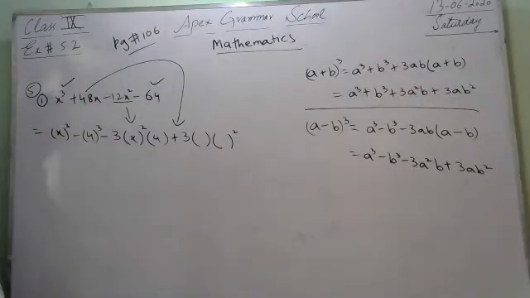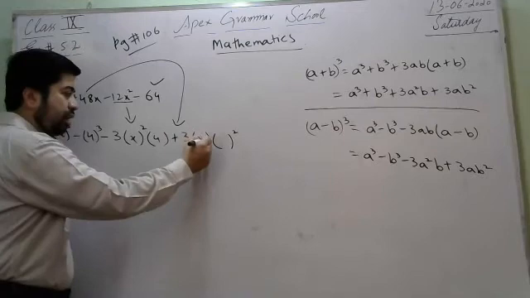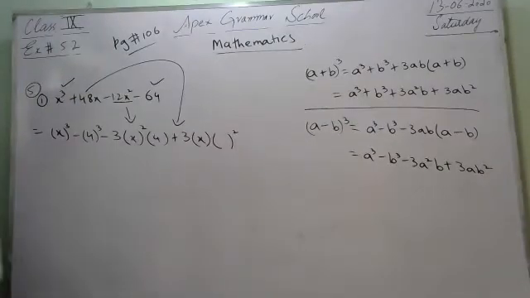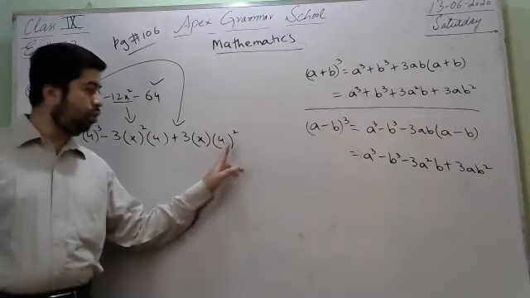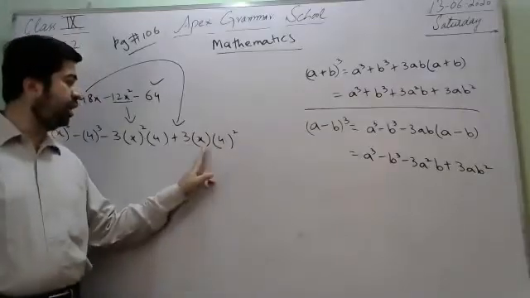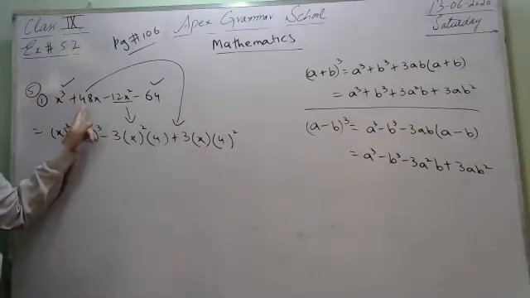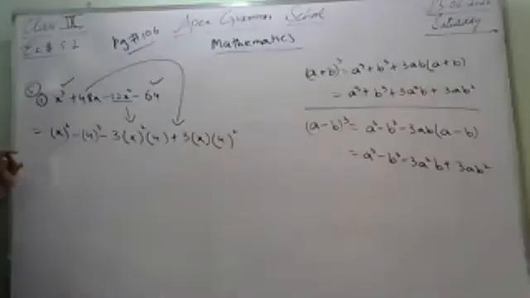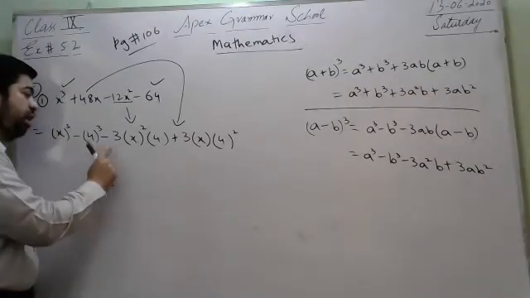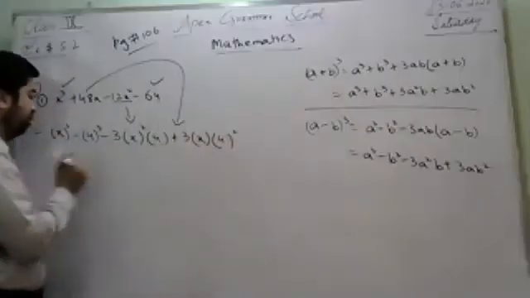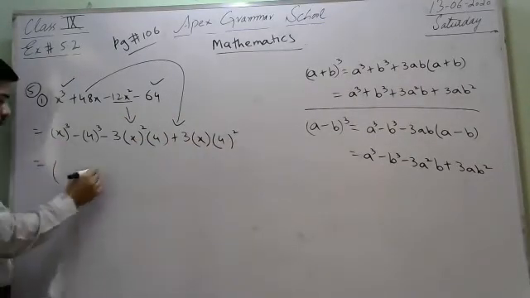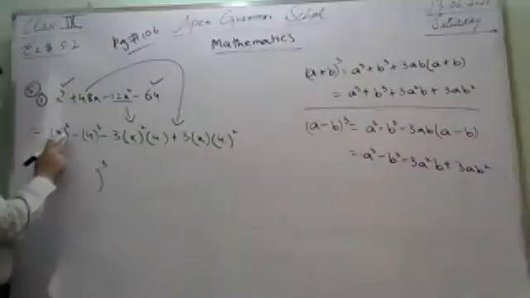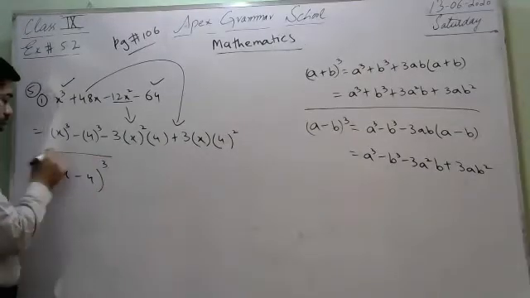Now the value of a here is x and the value of b is 4. Then you verify: 4 square is 16, 16 3s are 48x, and it is verified. Now this is the formula a cube minus b cube minus 3a square b plus 3ab square, which is (a minus b) whole cube. So this is (x minus 4) whole cube and that's it.